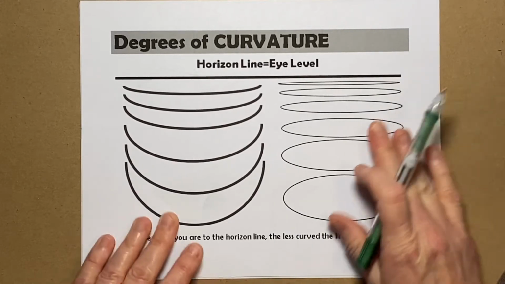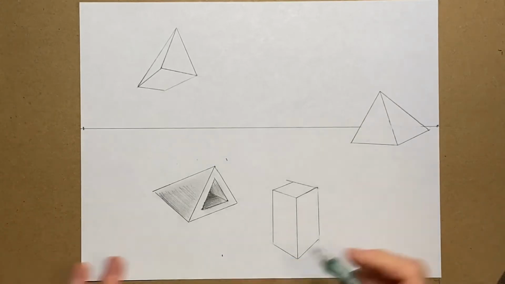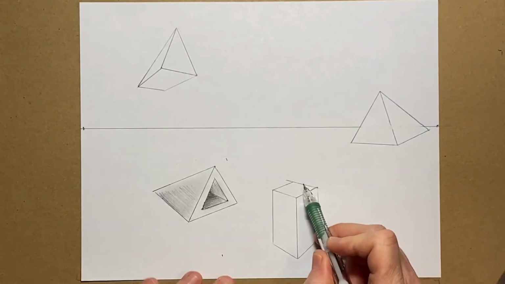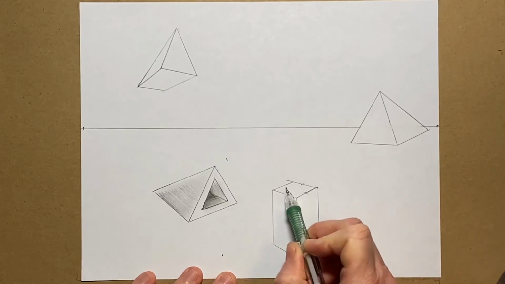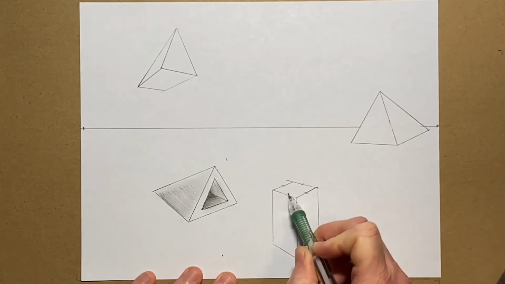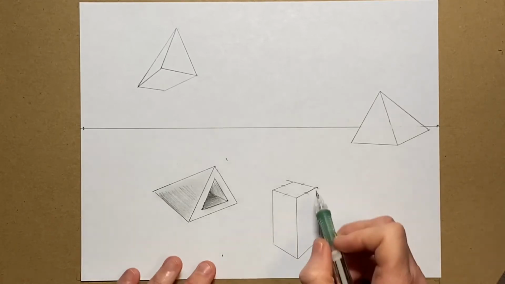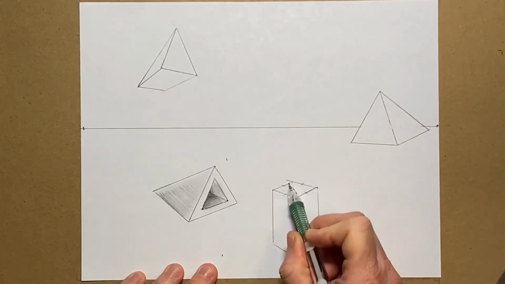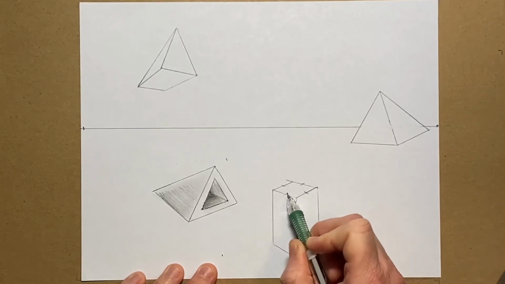Okay, and so the whole purpose of making this rectangle is to figure out what that oval is going to look like. Now what I've done is I have taken this line and I've divided it in half, just like that.